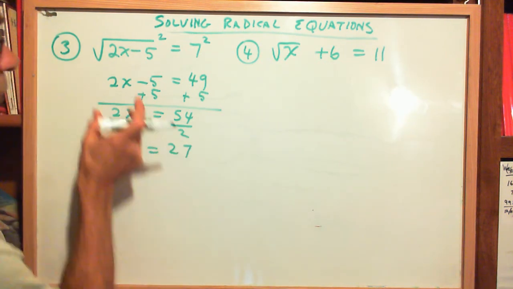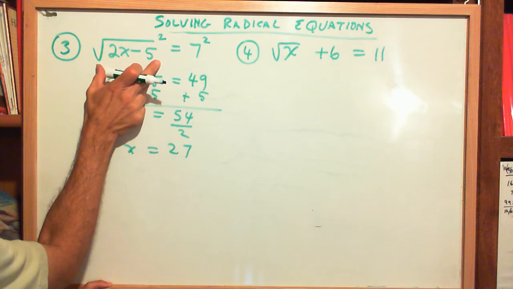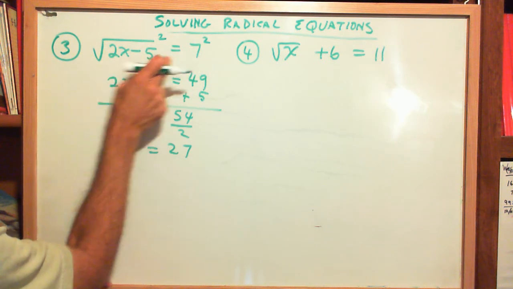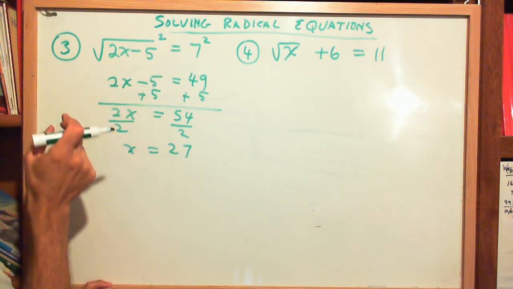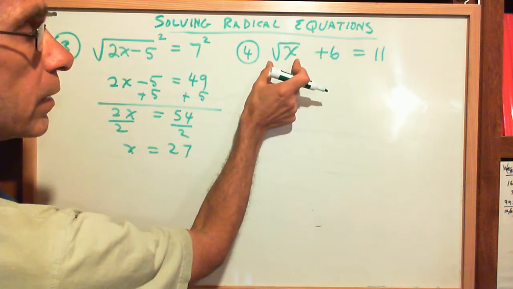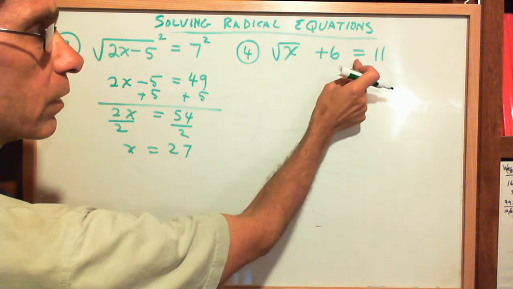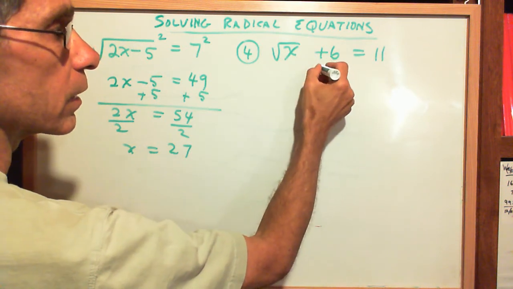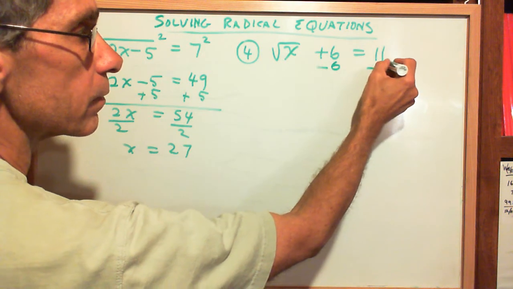So remember my rule, as long as the radical is isolated, meaning it's the only thing on that side of the equal sign, then I can square it. Alright, here's my radical. Is that the only thing on this side of the equal sign? No. The 6 is in the way. So I'm going to get rid of the 6 by subtracting it.